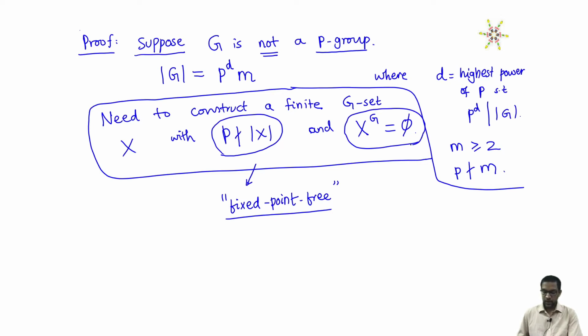This condition is what I want to call fixed point freeness. Let's analyze fixed point free actions for a little bit. What are some examples of fixed point free actions?